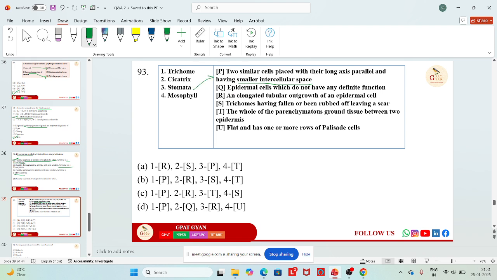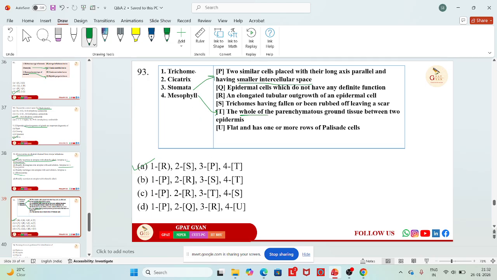So 3 is going to be P. A will be the correct option. The whole of the parenchymatous ground tissue, whole, is the mesophyll. I think Anubhav answered A and I said no. Sorry, A will be the correct option.